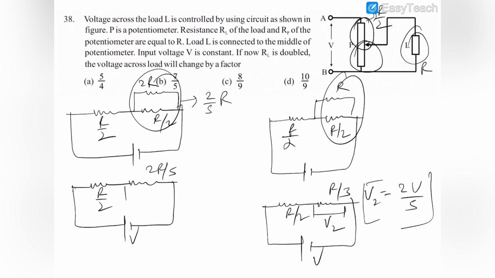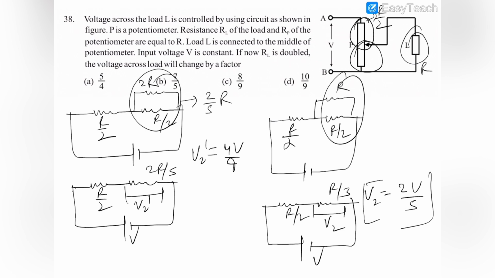Now again, if you find out V2 dash, then by voltage divider rule, you can see that these are in a ratio of 5:4. So this V2 dash will be equal to 4V by 9.